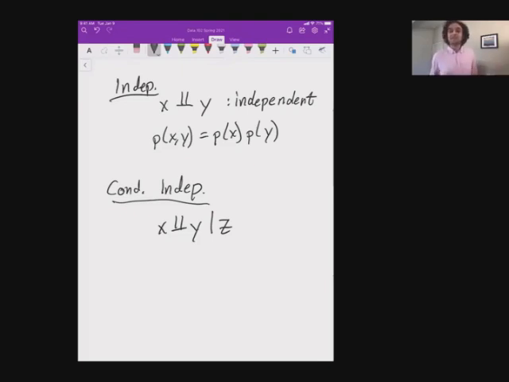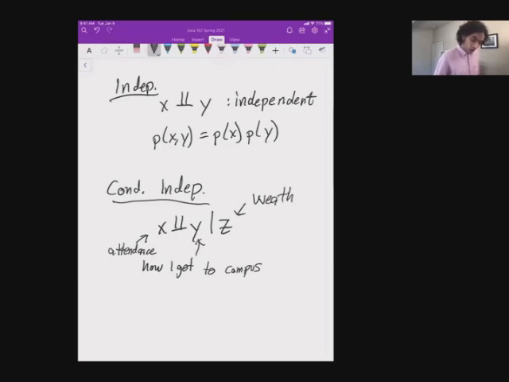I'm probably going to take the bus or something else. And if it's raining, attendance is probably also going to be lower, at least in my experience. So y is how I get to campus, x is attendance in an in-person class, and z is the weather.